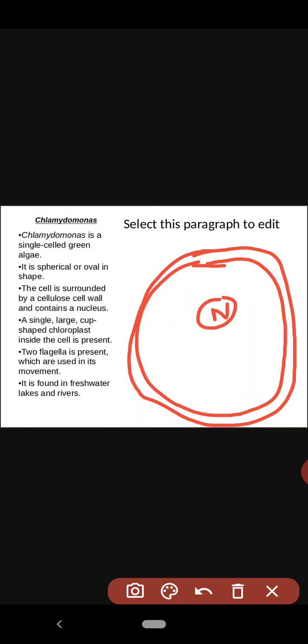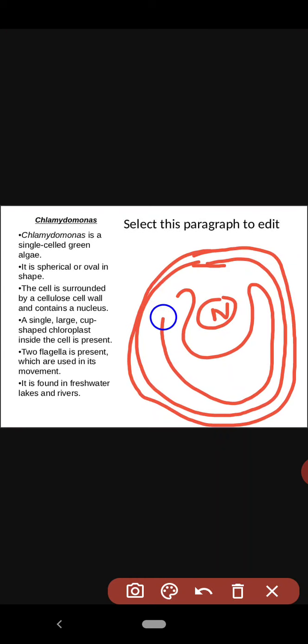A single large cup-shaped chloroplast is present inside the cell. Single, large, cup-shaped. This is the chloroplast, present inside the cell.